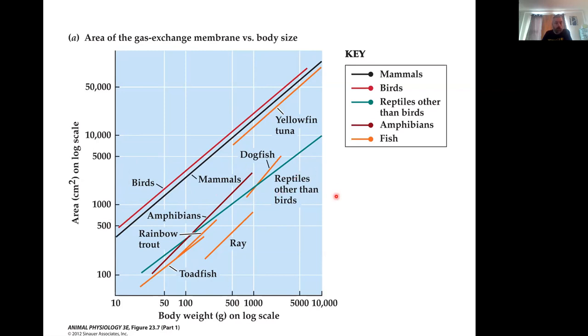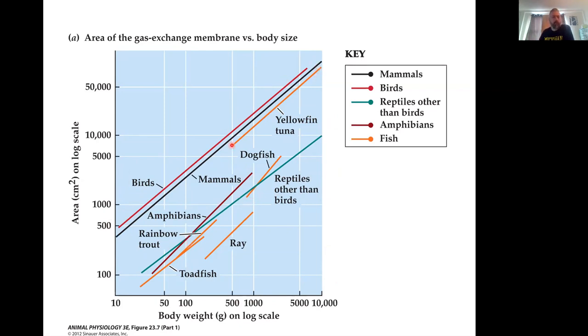Things that are ectothermic, have low basal metabolic rates, or standard metabolic rates, have for their body weight proportionally smaller respiratory membrane areas. Now obviously you get some weird exceptions in here.